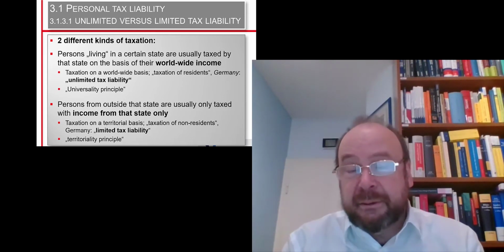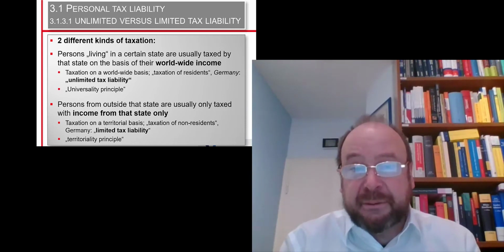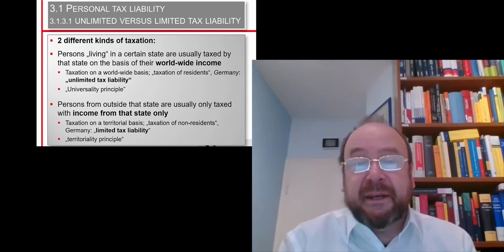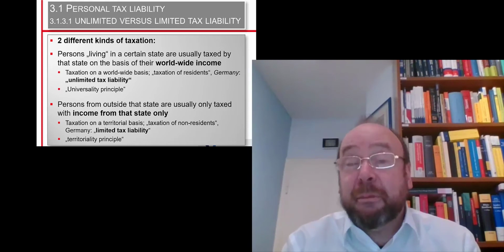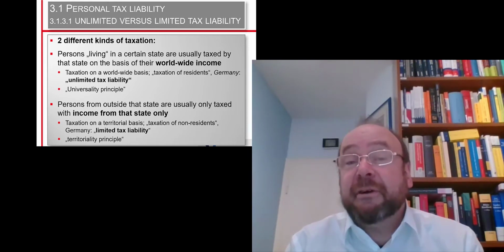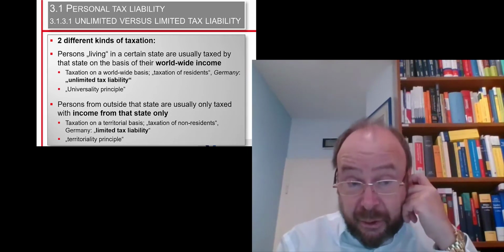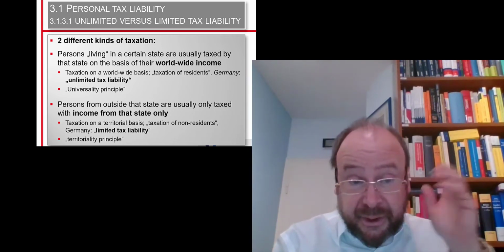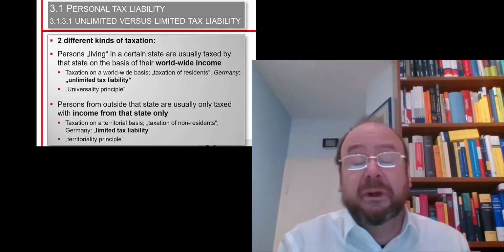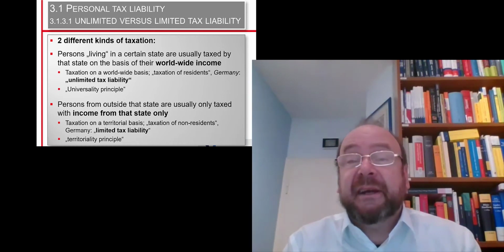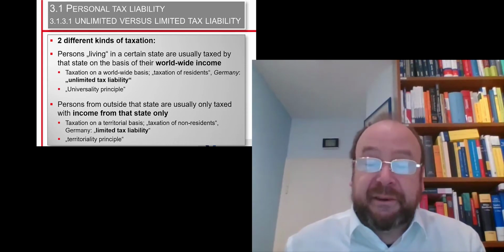So that is, again, not meant with direction to the tax rates or the amount of the tax. It's just signaling that the tax claims are limited to the things which happen in the inland or which have a close connection to the inland. Here, the underlying principle is not called the universality principle because not everything happening everywhere is relevant anymore, but it's the territoriality principle, so that the state taxes the things which have to do with its own territory.